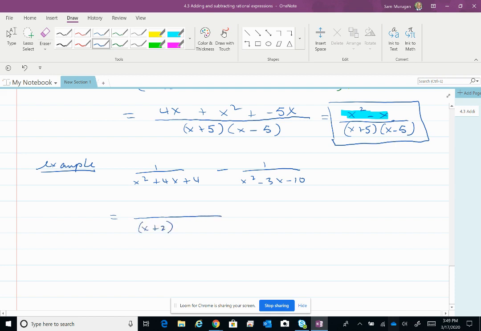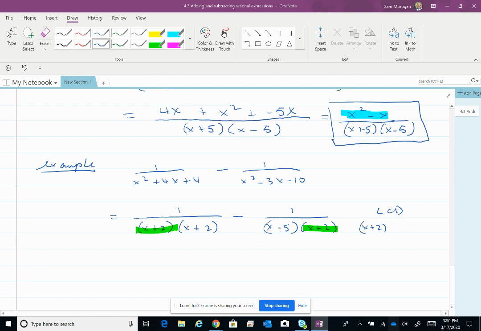x plus 2, and x minus 5, x plus 2. Be careful with this because x plus 2 is common one time. So when we're writing an LCD for this, we take out that one common x plus 2.